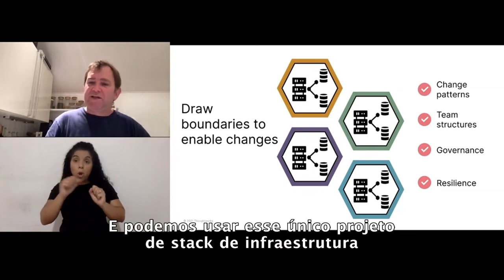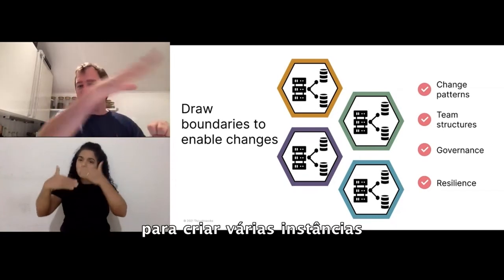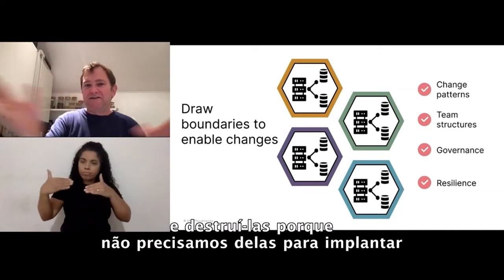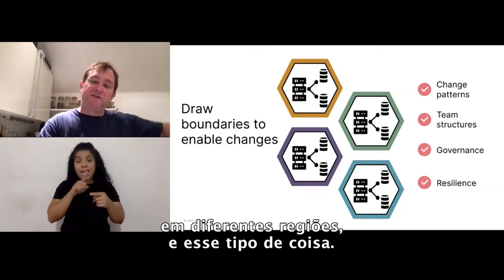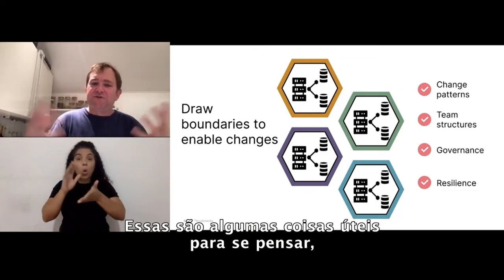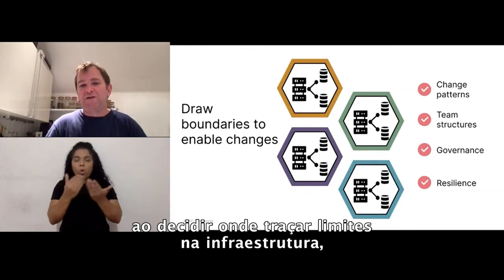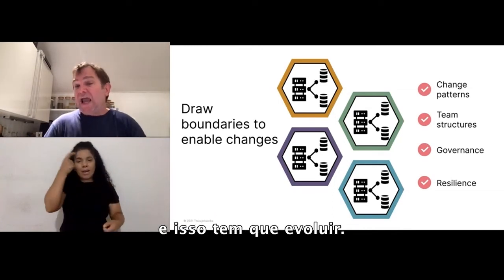And so we can use that single infrastructure stack project to create multiple instances and to tear them down when we don't need them, or to deploy them in different regions and this kind of thing. So these are some of the things that are useful to think about when deciding where to draw the boundaries of your infrastructure. And these have to evolve.